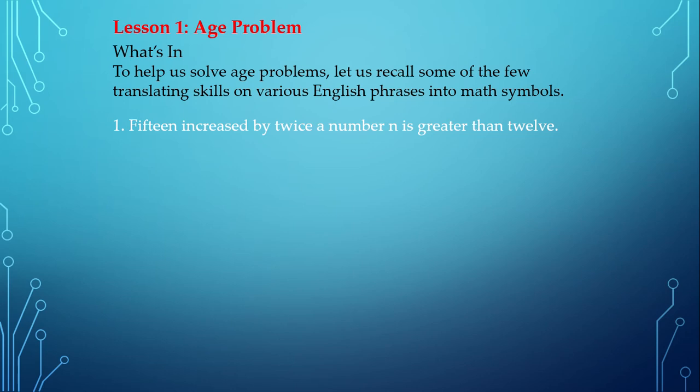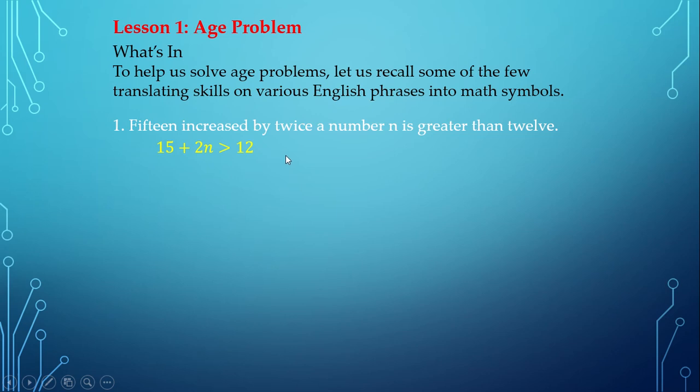How do you translate that into mathematical symbols? Increase means plus, twice a number n is 2n, is greater than is the greater than symbol, then 12. Or you can write 2n plus 15 greater than 12.